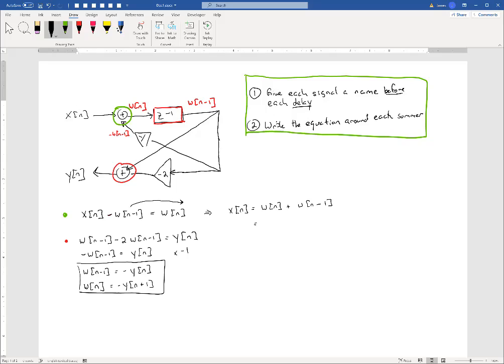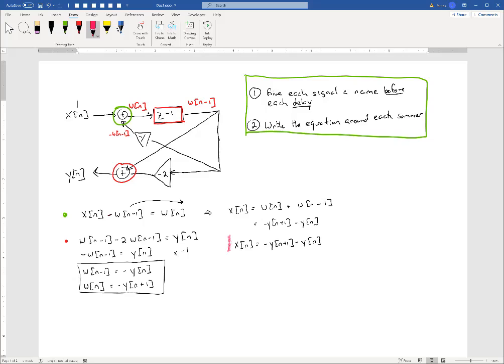But W of n is equal to minus Y of n plus 1. And our W of n minus 1 from the top is minus Y of n. So there's our difference equation. X of n equals, and I would write it just like that, minus Y of n plus 1 minus Y of n. Our x's are on one side, our y's are on the other.